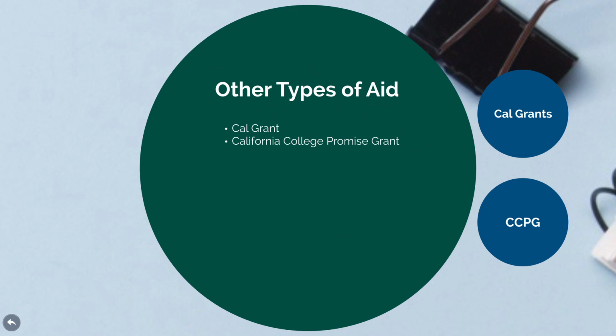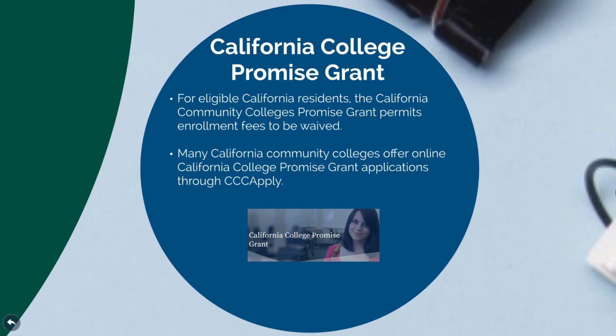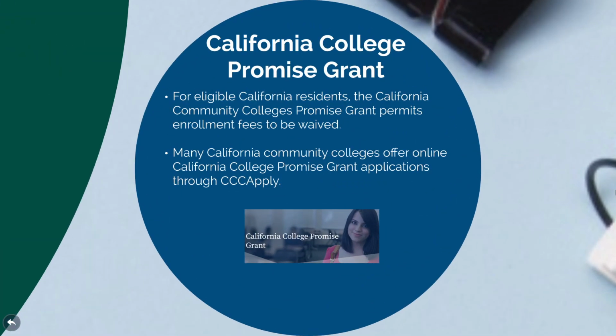The last form of aid we're going to cover today is the California College Promise Grant, CCPG. This grant is for the California community colleges, for students looking to attend one of those. It is basically a grant that permits the enrollment fees to be waived.